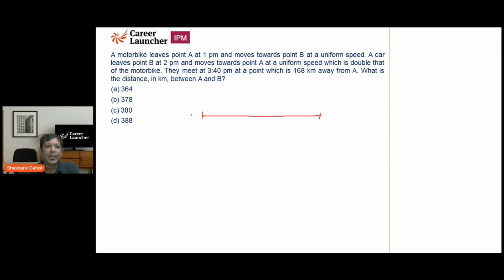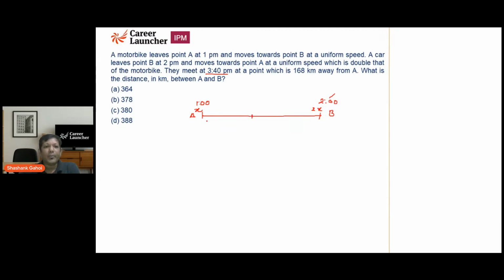So basically, I have this as point A, this is point B. It leaves at 1 with a speed of, let's say, x. This leaves at 2 with a speed of 2x. Okay. They meet at 3:40.